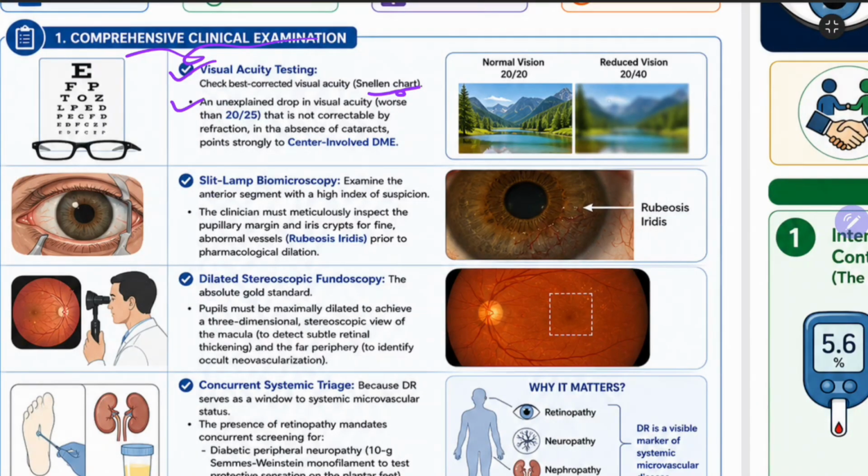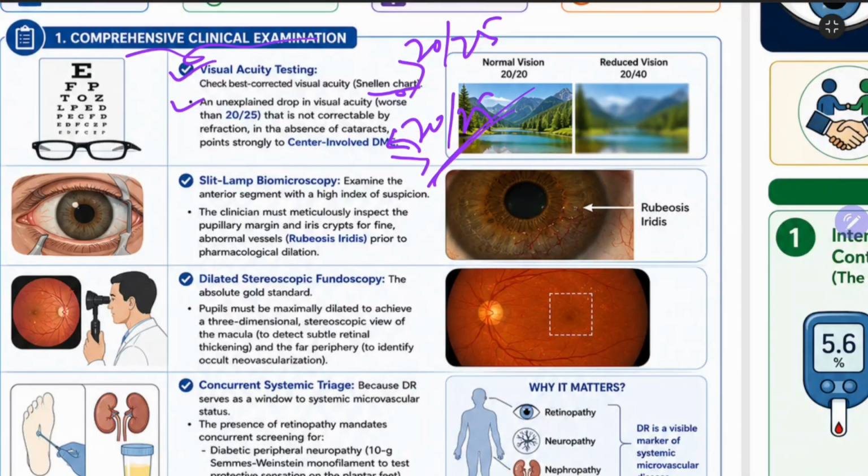Meaning there is no cataract and no refractive error, but the diabetic patient has blurring of vision, then it is predominantly CIDME.